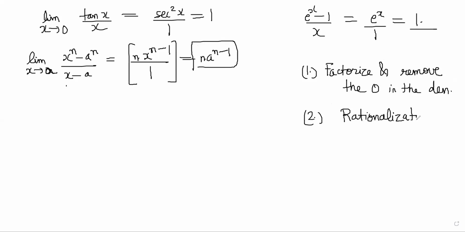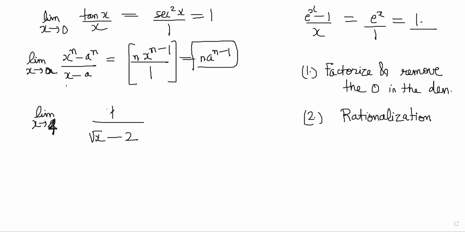If there are irrational things, for example, something like this is there, and you have to find the limit as x tends to 4.